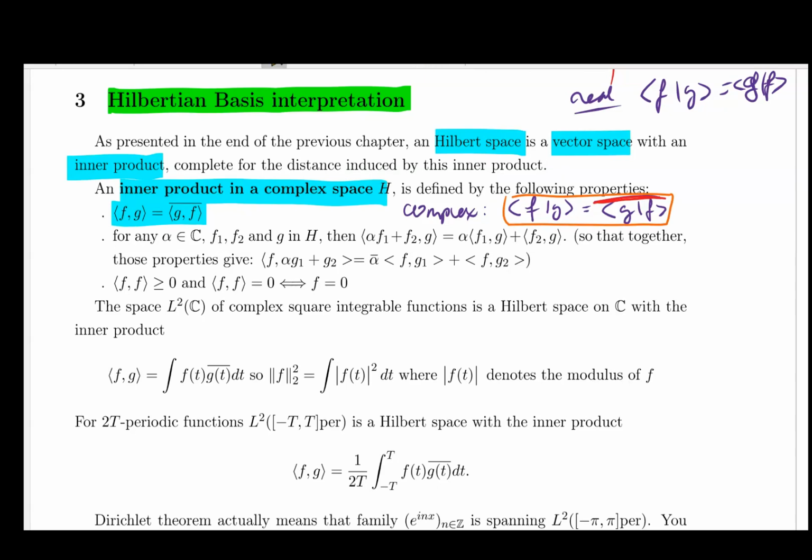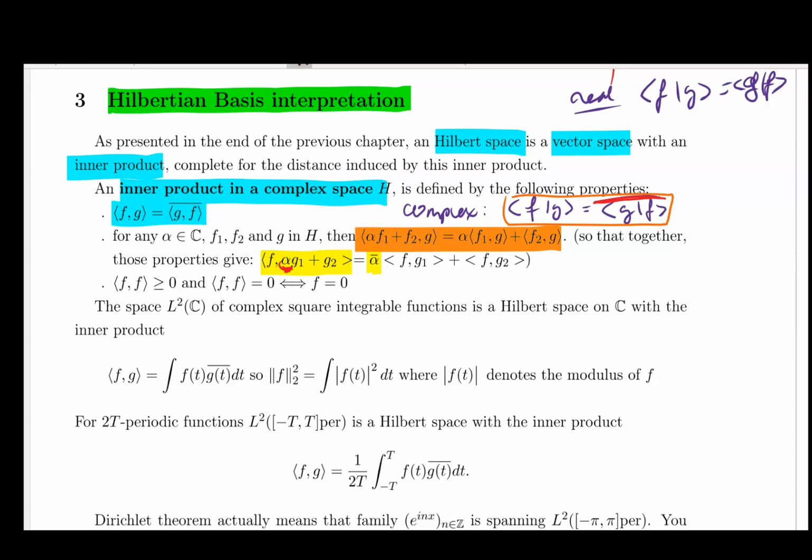Then what else do we have? We have linearity as expected. And what does it give us? A particularity in complex spaces when you're looking at this kind of stuff: you are going to get the complex conjugate of the scalar that appears at the second input of your inner product.